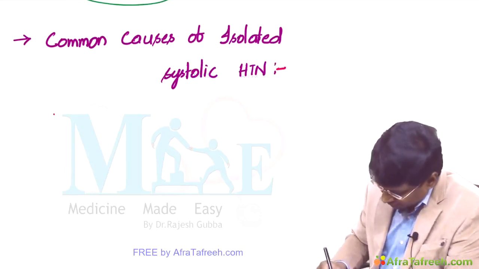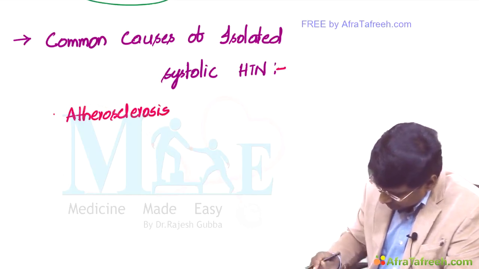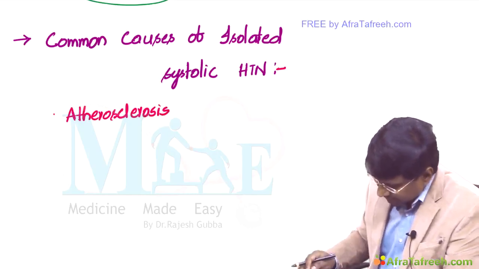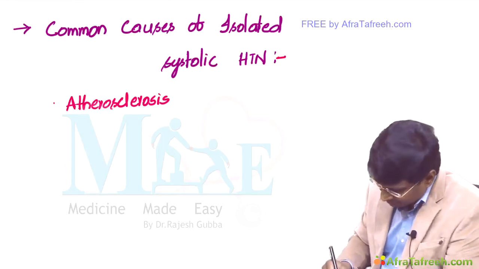First and foremost, the very important cause is atherosclerosis. In patients with atherosclerosis, the individual can have isolated systolic hypertension. That means the diastolic blood pressure will be normal.